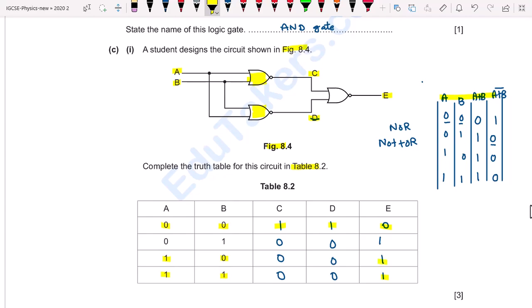So we can compare this E with A plus B in the other table, that is for the OR gate. Both outputs are equal. We can simply say that this circuit can be replaced with the OR gate to get the output E. So I write here OR gate.